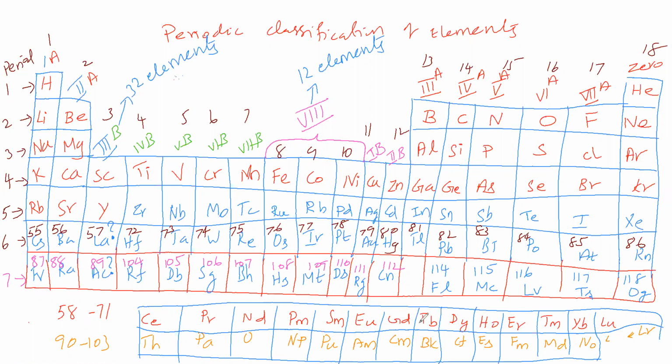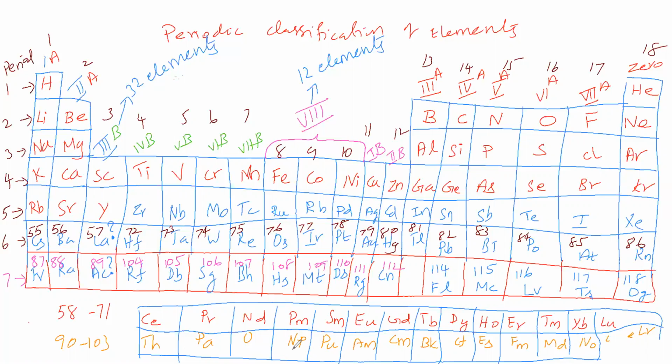Now 58 to 71, in between 57 and 72, 14 elements are there, and that is placed down. Here 89 and 104, in between them 14 elements are there, that is 90 to 103, and that is also placed down.